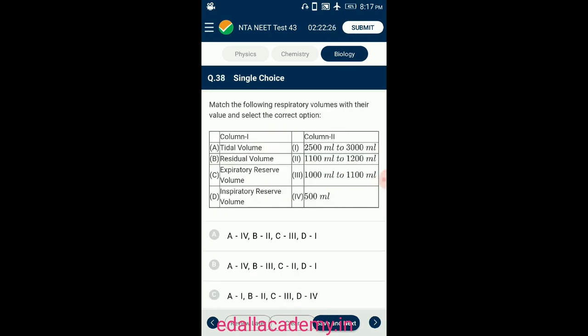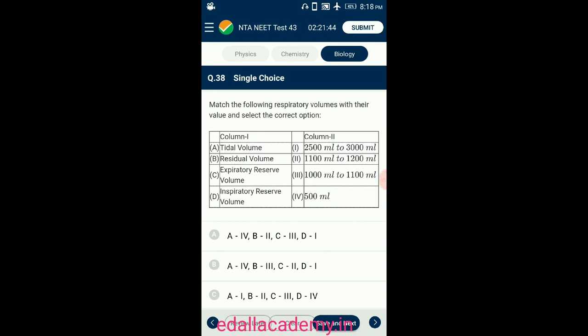Question number 38. Match the following respiratory volumes with their value and select the correct option. Tidal volume is the amount of air inspired or expired during normal respiration. It is about 500 ml. Second one, inspiratory reserve volume is the additional volume of air that a person can inspire by forcible inspiration. It is about 2500 ml to 3000 ml.